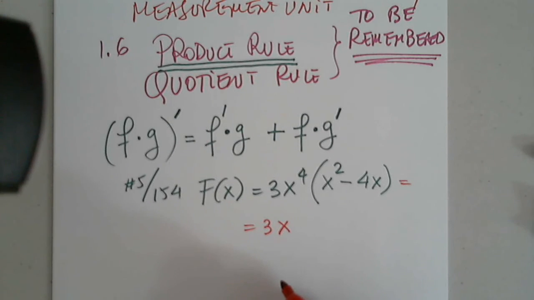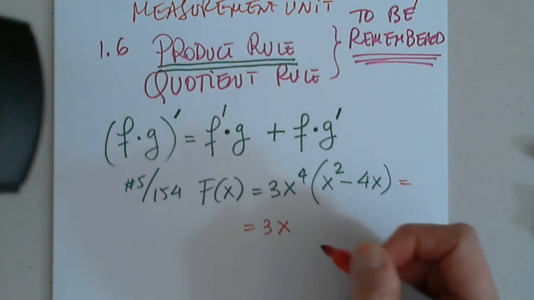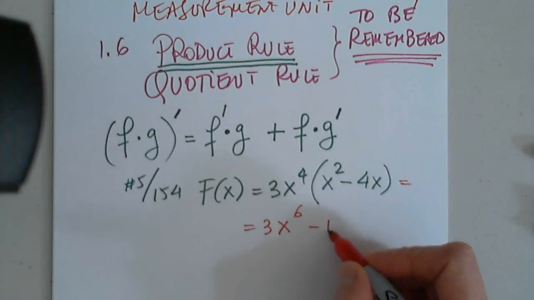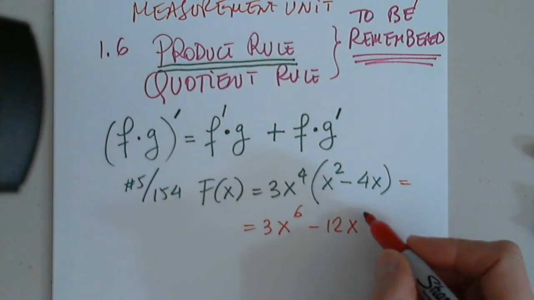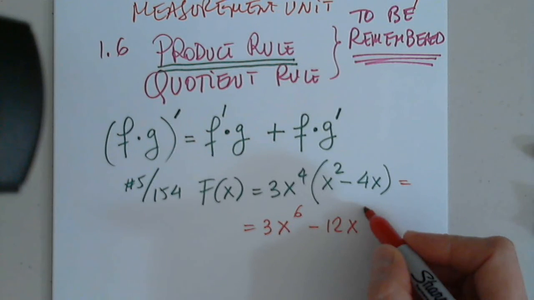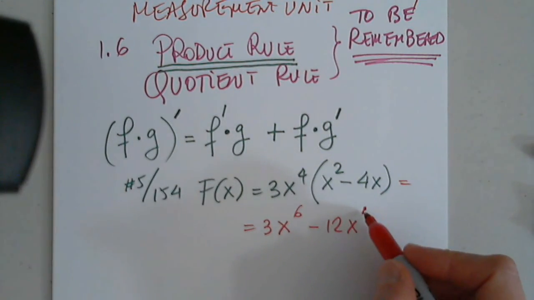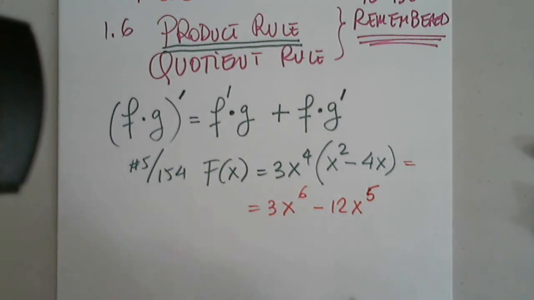X to the which power, Zainab? Six. Good. And minus 12x to which power? Careful. If 4 and 2 is 6, 4 and 1 cannot be 6 or 4, right? Good.